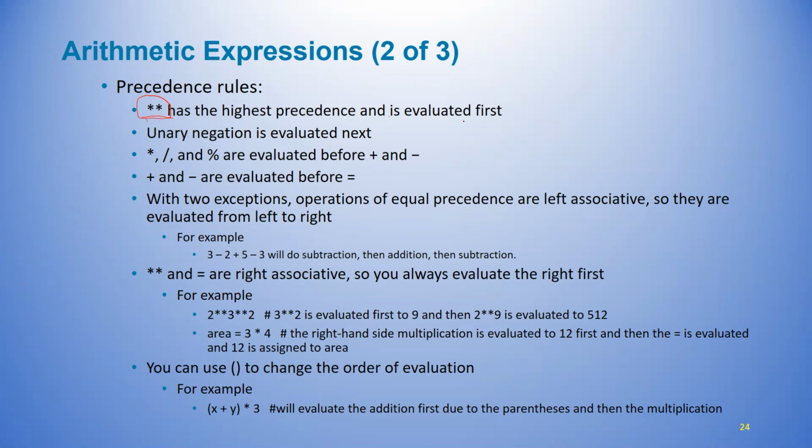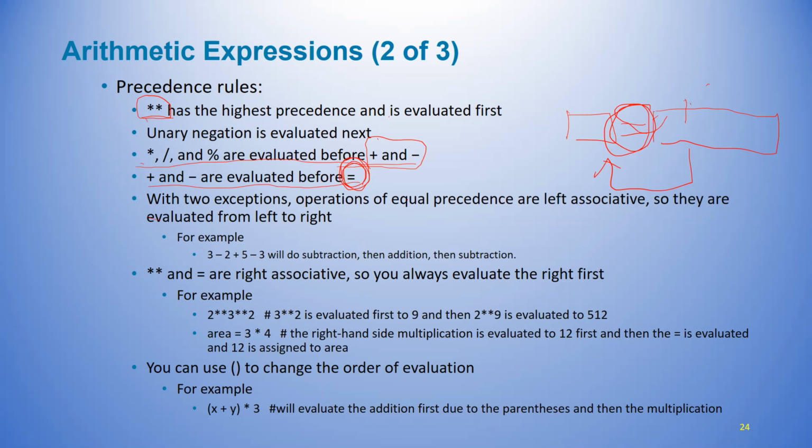But actually, the assignment operator is evaluated last. Okay, so remember I told you anything on the left-hand side is the destination. Everything on the right-hand side has to be evaluated before you assign it, right? So this is the last stop. The equal sign is the last step.